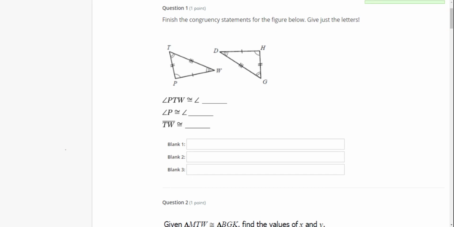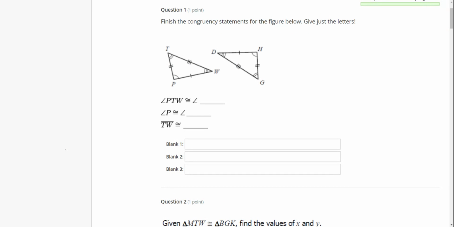What angle corresponds to P? You can either put it in the chat or you can unmute yourself and tell me. H. So everywhere I see a P, I'm going to put an H. And then what corresponds to T?